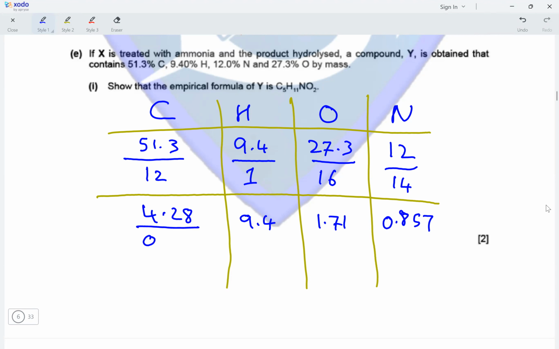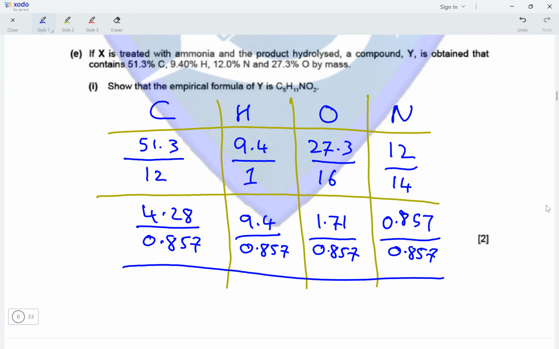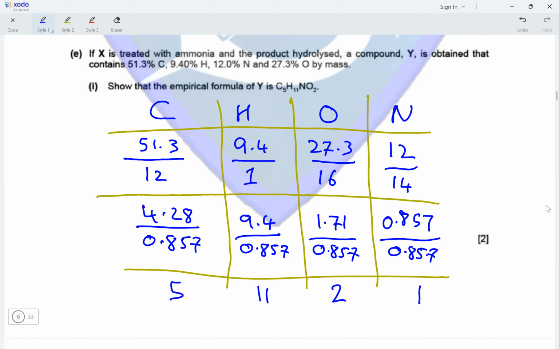So we divide each value by 0.857, which would give us a ratio of each element as 5 for carbon, 11 for hydrogen, 2 for oxygen, and 1 for nitrogen.